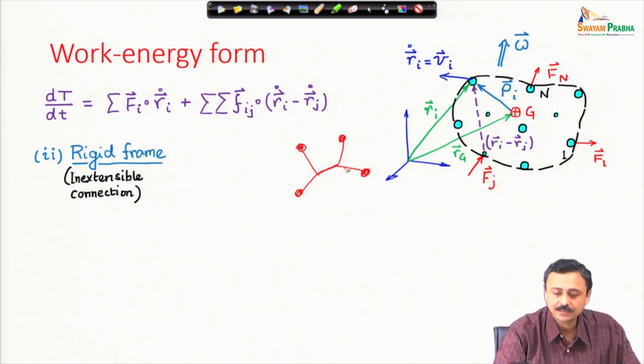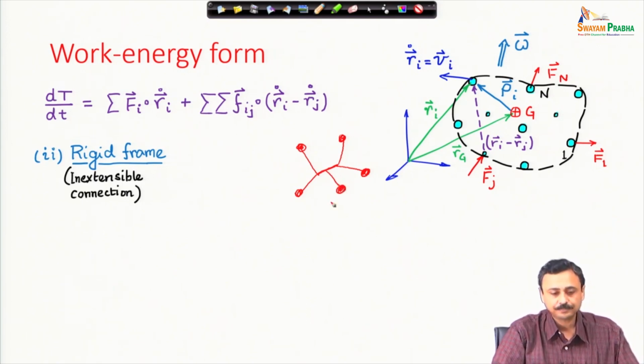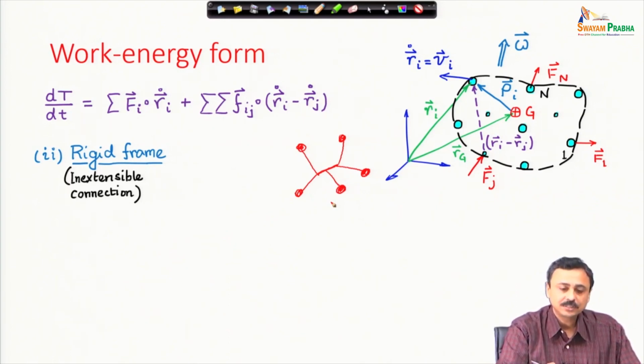So, this frame is light, but it is rigid, and there are a number of particles which are connected by this rigid light frame. Or it could be inextensible connections, like we have discussed problems of blocks connected by inextensible strings. So, for all such situations we can consider the second case.